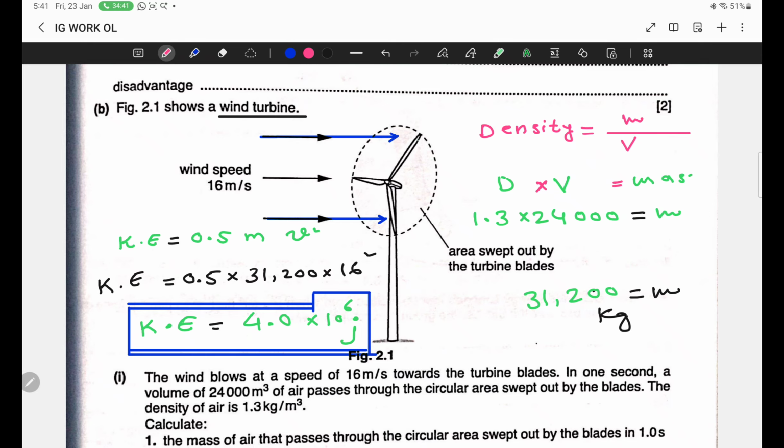Because you can see the area of blade is very small as compared to the area of circle. The circle area is very large, which I did not shade, but the area of blade is very, very small as compared to the area of circle. So you can see, sir, most of the air is passing without striking the blade of the wind turbine. So how is it possible that this entire kinetic energy is converted into electrical energy?